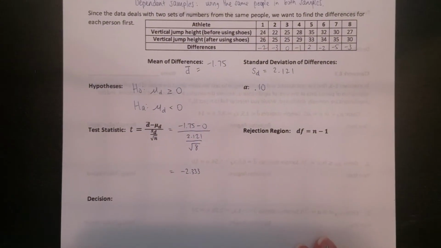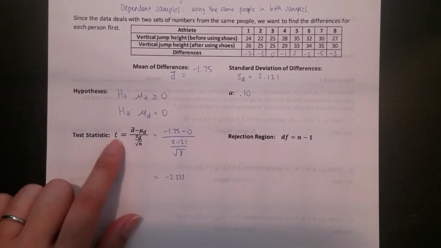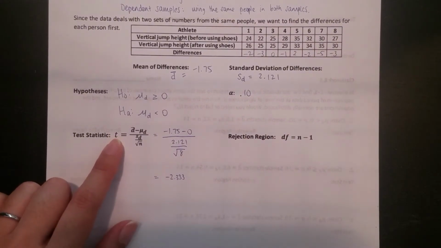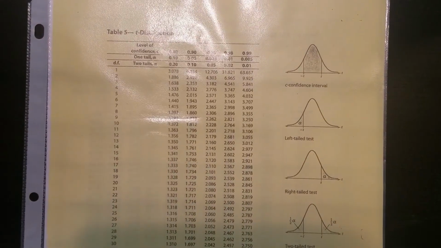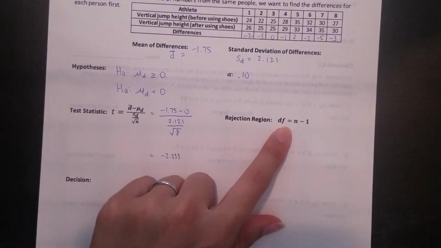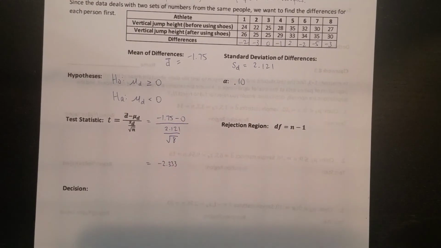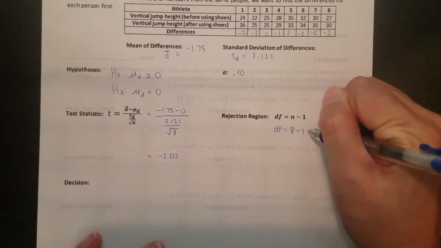Then in our rejection region, the other thing that I wanted you to pay attention to is that we are back to t-scores, meaning the t-distribution. So we're back to our green charts. In order to use the green chart, we have to look at our degrees of freedom again. It's just n minus 1. For us, our n was 8.